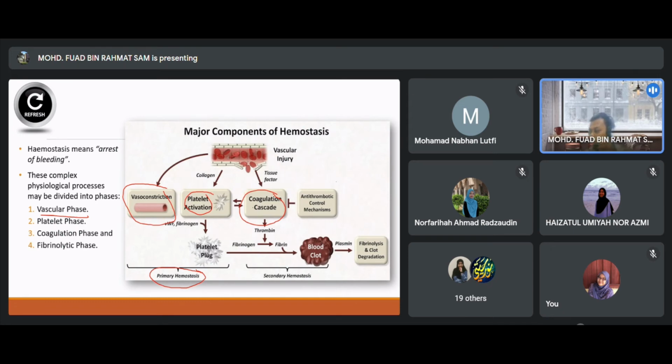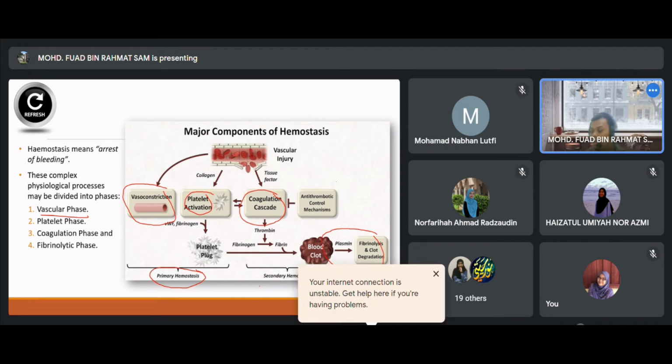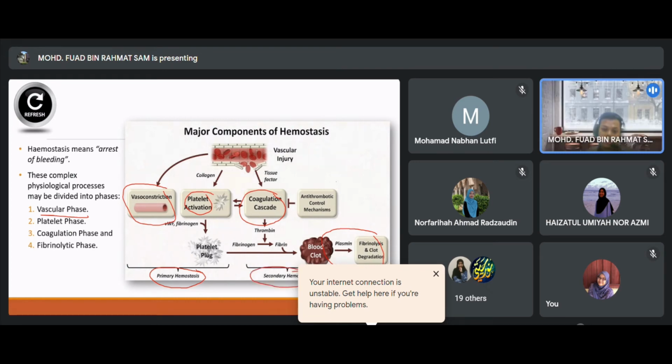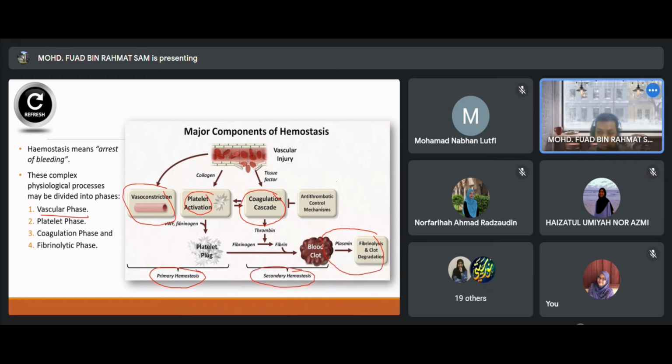We call it fibrinolysis. So platelet activation and vasoconstriction are under primary hemostasis. When you talk about fibrinolysis and the coagulation cascade, this complex physiological process may be divided into these 4 phases.